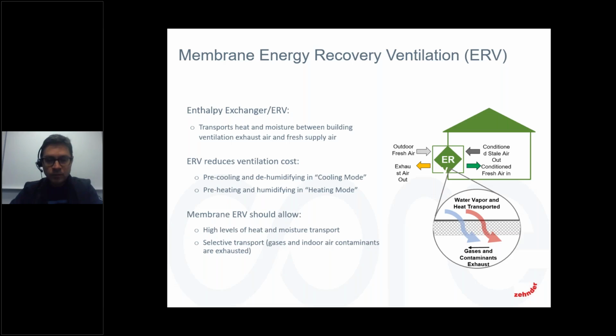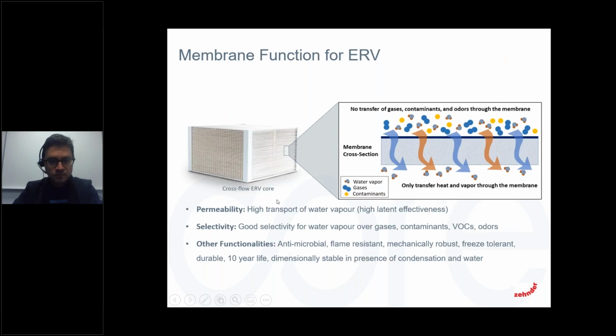So when we're designing membranes for these devices, and you can see here that we have a picture of a cross-flow ERV core, which is largely what is sold in North America, but the principles are all the same with the cross-flow and counterflow.